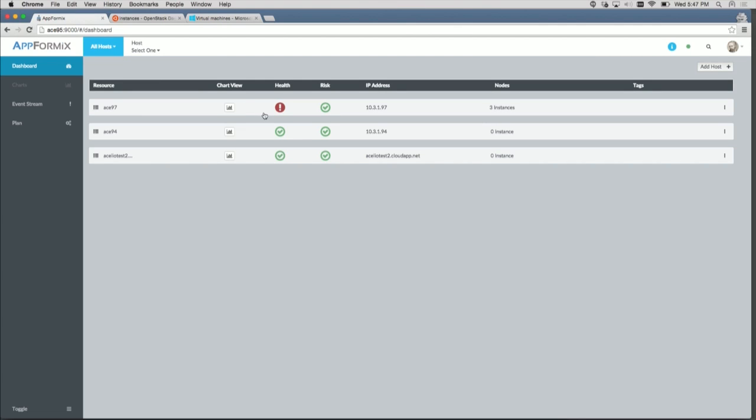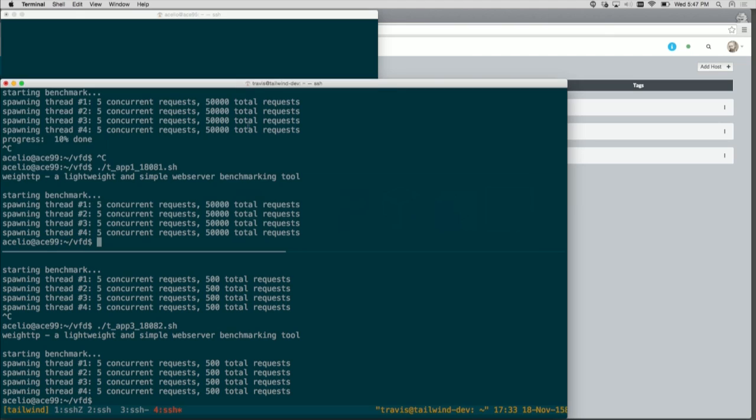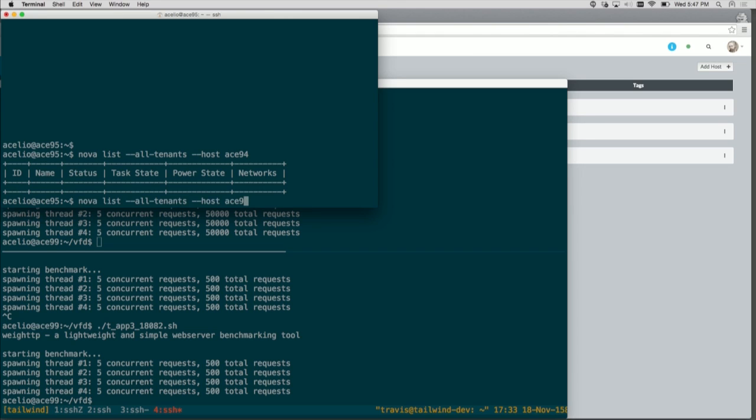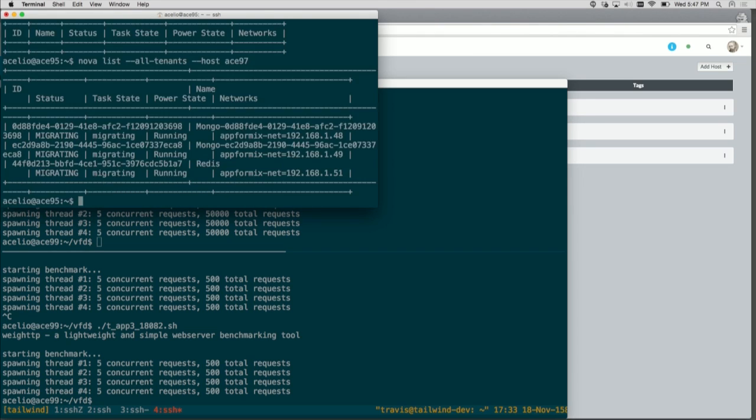As we see here, the health of the system has gone bad, and so we can now log on to the machine, and we can see that we had 3 instances over there, and all of them are migrating.